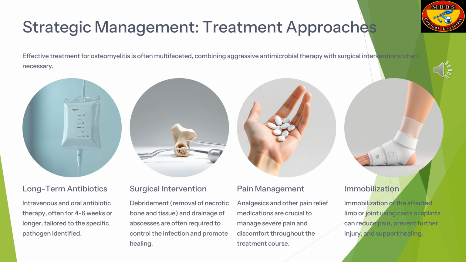Surgical intervention: debridement, removal of necrotic bone and tissue, and drainage of abscesses are often required to control the infection and promote healing. Pain management: analgesics and other pain relief medications are crucial to manage severe pain and discomfort throughout the treatment course. Immobilization: immobilization of the affected limb or joint using casts or splints can reduce pain, prevent further injury, and support healing.